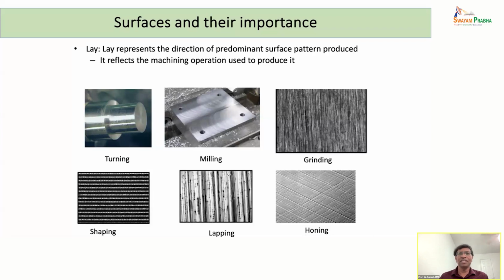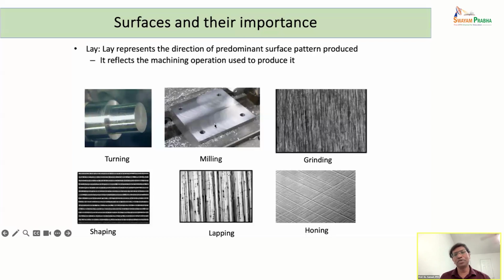If you look at some of the textures or surfaces which are being generated, we can easily identify their process. When you look at a component which is being turned, we call the mark a lay. They leave the mark when you do a particular process. Turning is done with a single point cutting tool, and you can see these marks here.